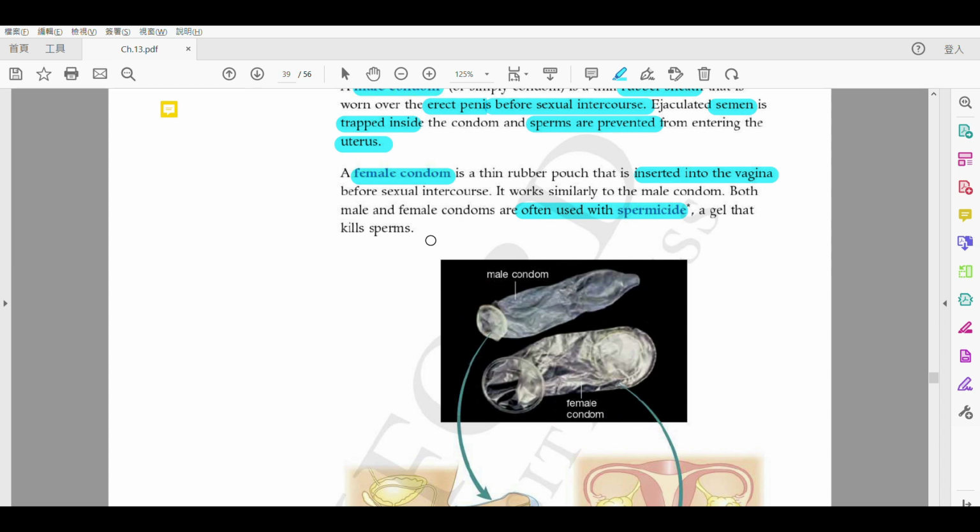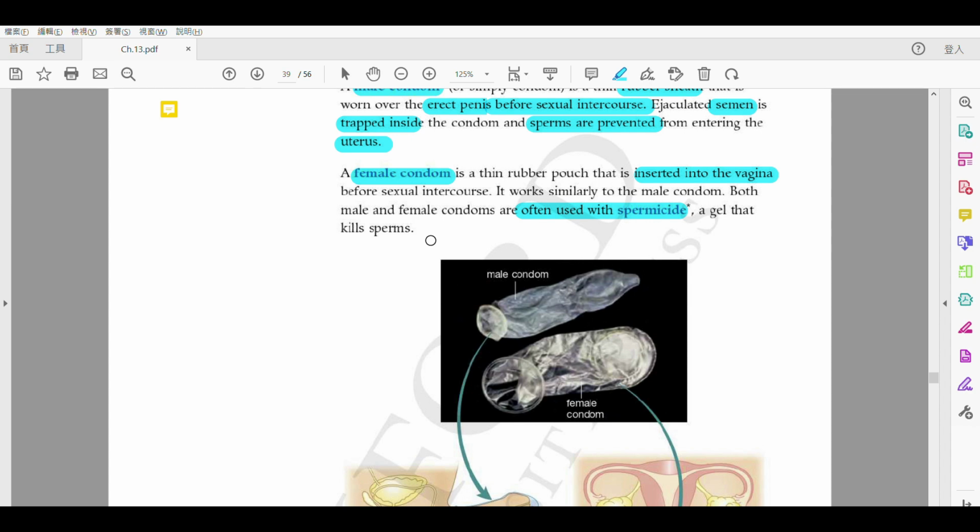But one more piece of basic common knowledge is that after sexual intercourse, or after ejaculation, the erectile tissue will get softened.